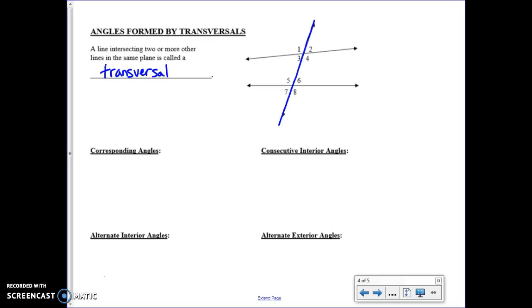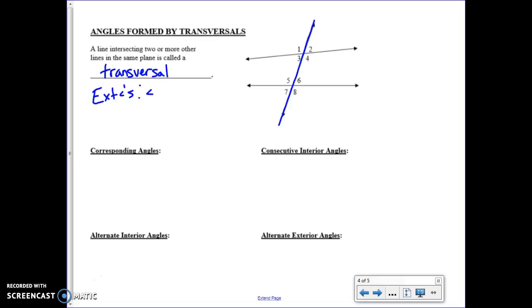Okay, so we're going to talk about some angle pairs. First off, I want to talk about the terms exterior and interior. I want you to notice in this picture, the angles on the outside are going to be called exterior angles.